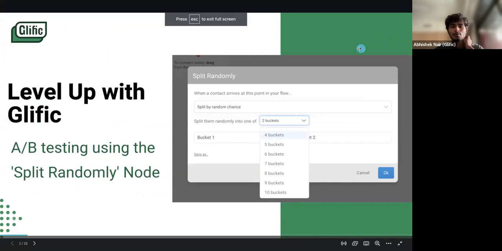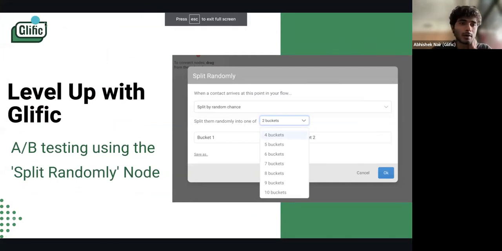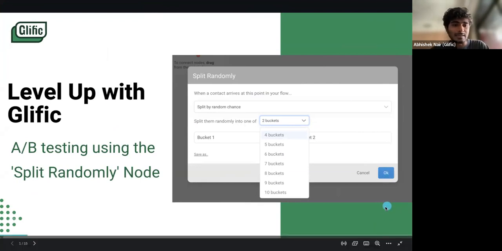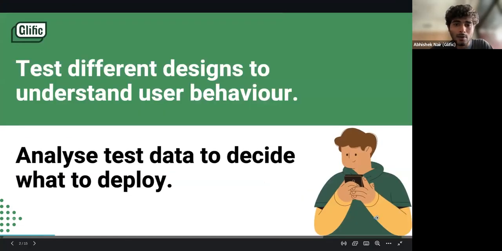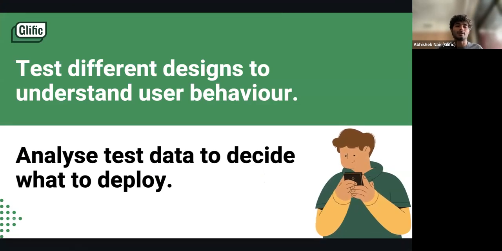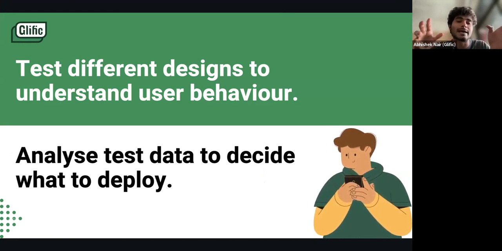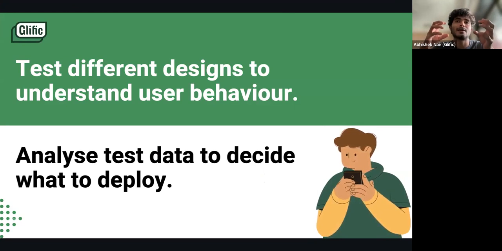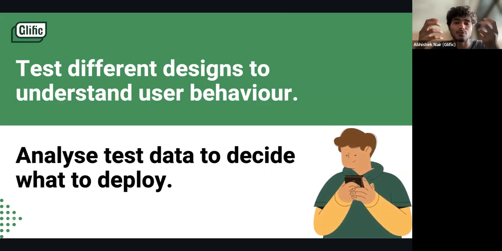All right. So today we're going to take you through A/B testing and how it can help your program. We accomplish A/B testing using the split randomly node. It allows you to test different flow designs with your users to understand their user behavior.